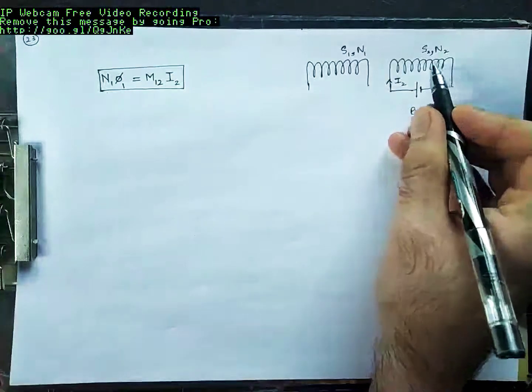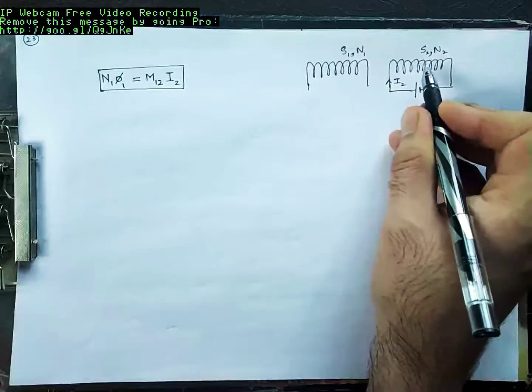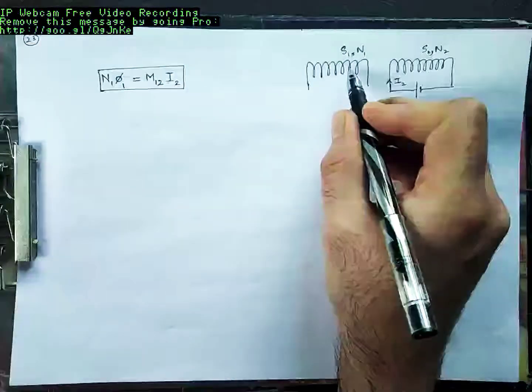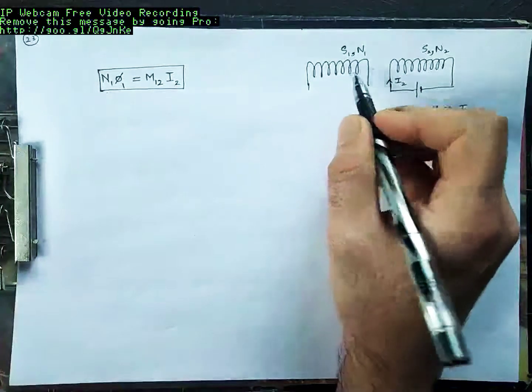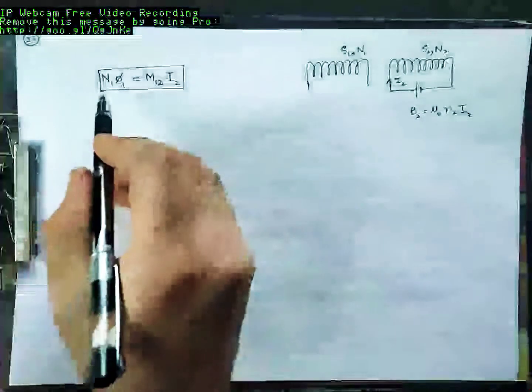Because of that magnetic field, it produces a magnetic flux. That magnetic flux links solenoid S1 as well. So there is a flux through solenoid S1. How much is the flux? N1 phi 1.